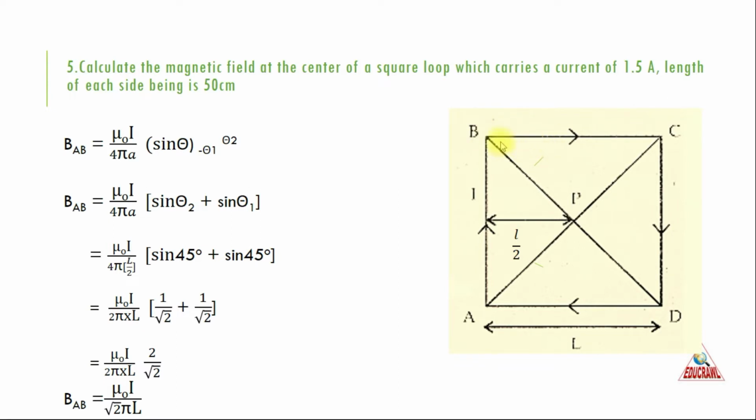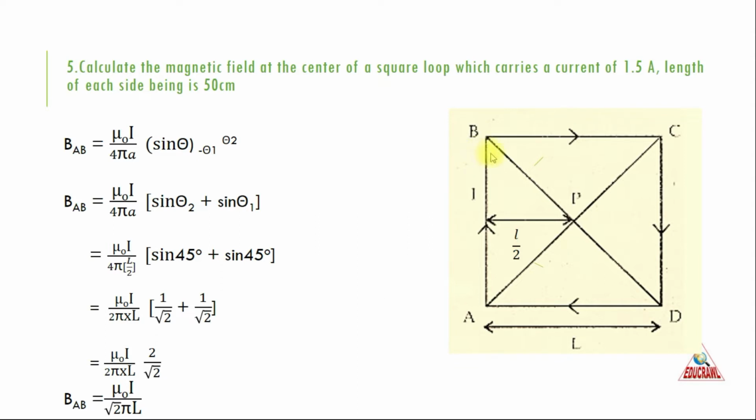So the magnetic field produced by AB will be the same as BC, CD and DA also. So the total magnetic field will be 4 times the magnetic field produced by AB. First let us find the magnetic field produced by the current carrying wire AB.